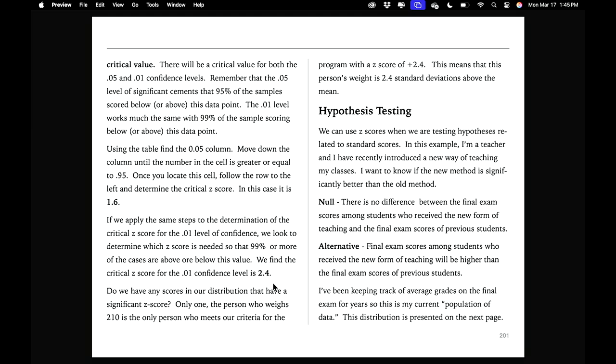So what this means is I have a sample. I take you as a group of students and I give you an intelligence test. And I convert that mean, the average, the mean of your intelligence test to a standard score. And I want to see if you as a group are significantly more intelligent than the average group.